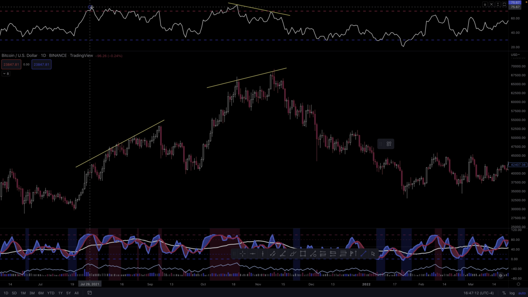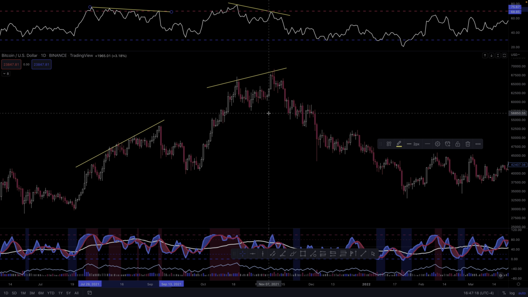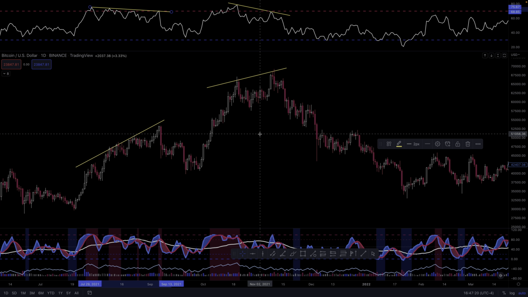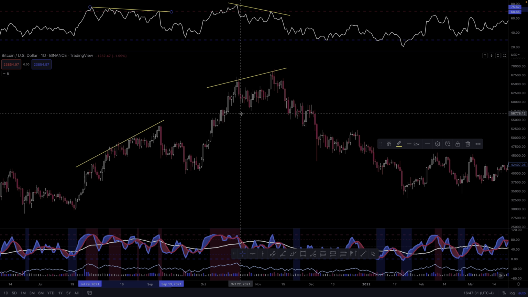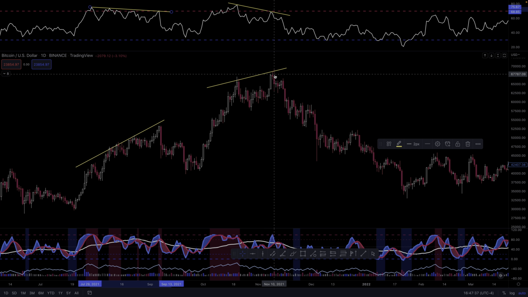Why is this? Is it magic? No, it's not magic. Like I said, I like to refer to this as imbalance of conviction. It's basically saying the price is going higher, but the conviction, the emotion, the greed, the momentum behind this rising price, there's an imbalance and it's not showing up in this oscillator.